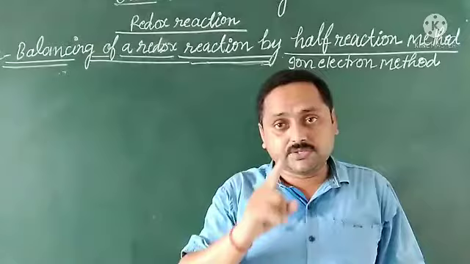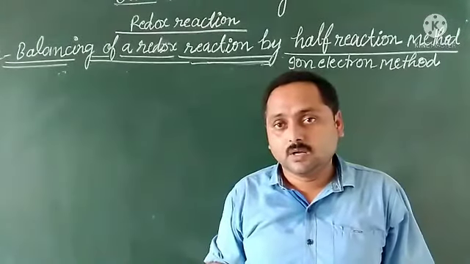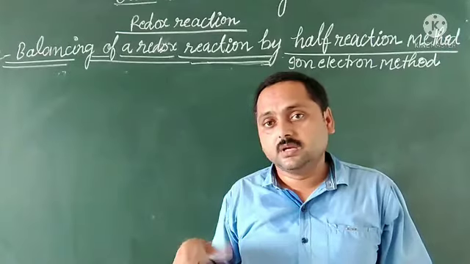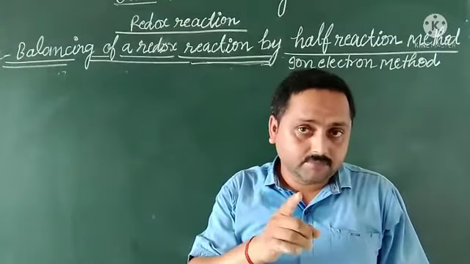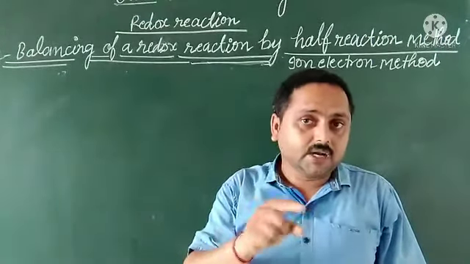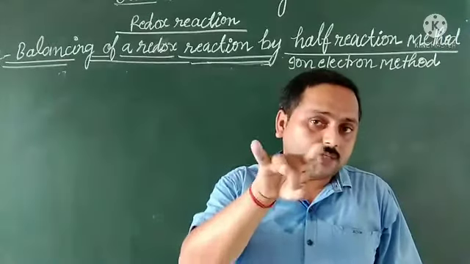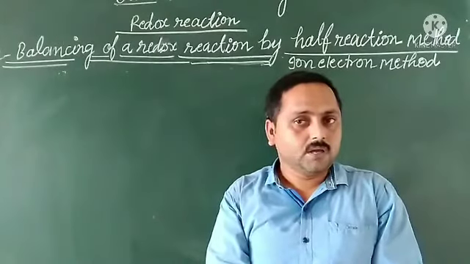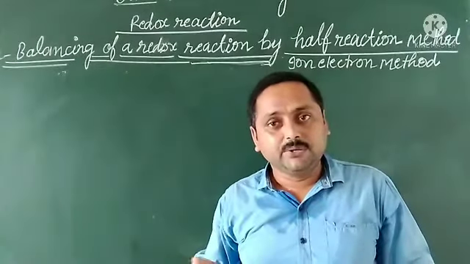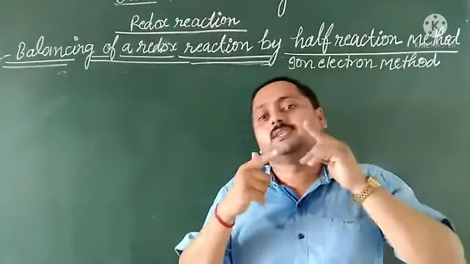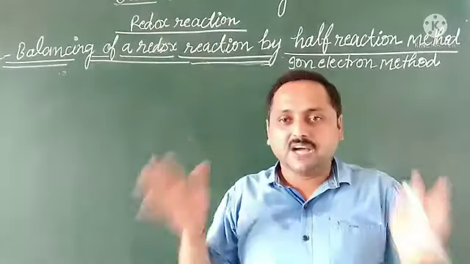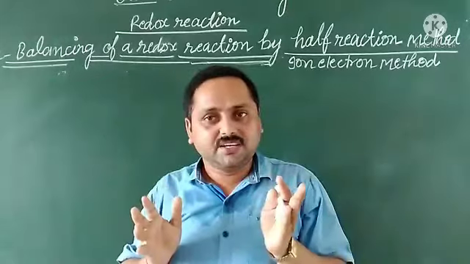If the reaction is in acidic medium, for balancing hydrogen you add H plus. And at last, you add electrons to balance charge. Both half reactions will be done like this.